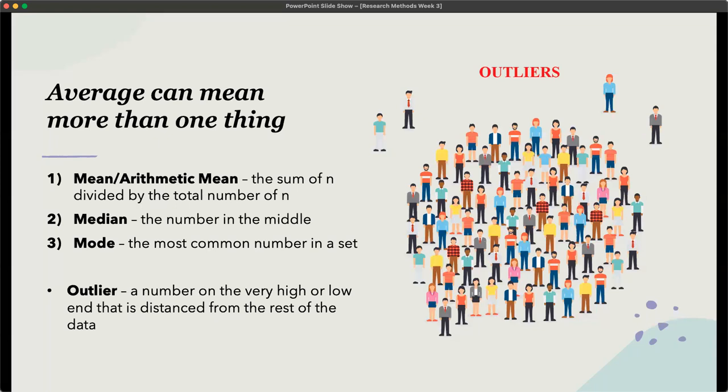And with the outliers, sometimes you'll see people calculate what is referred to as the trimmed mean. And the trimmed mean is the arithmetic mean after removing the outliers. So the text cut off at the bottom, but it's after removing these outliers. And so the trimmed mean is going to give a bit of a different value than what you would get from the arithmetic mean.